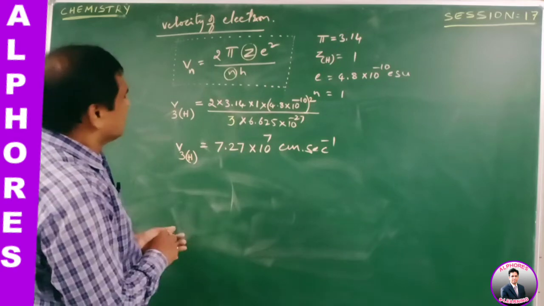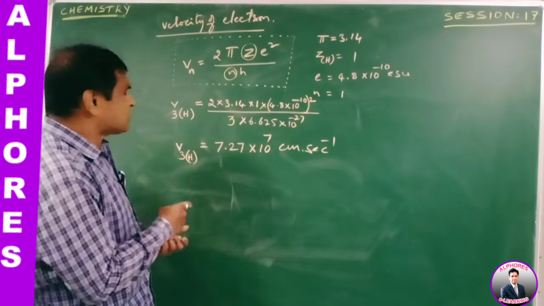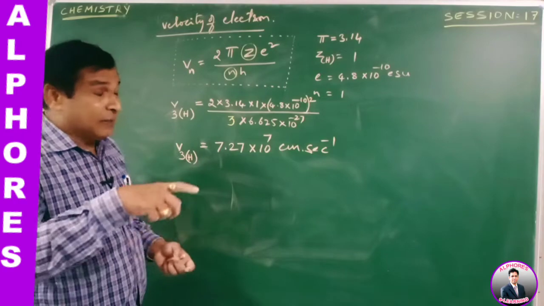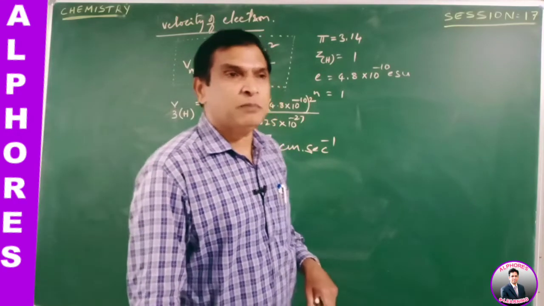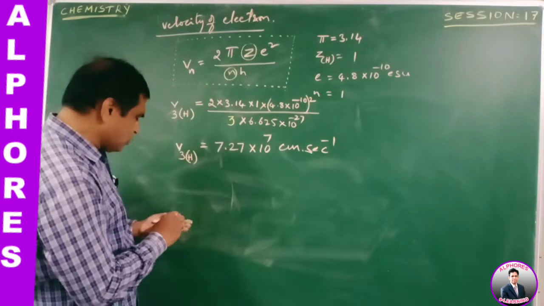Now, what is the continuation of this? Also calculate the number of revolutions made by the electron per second around the nucleus.